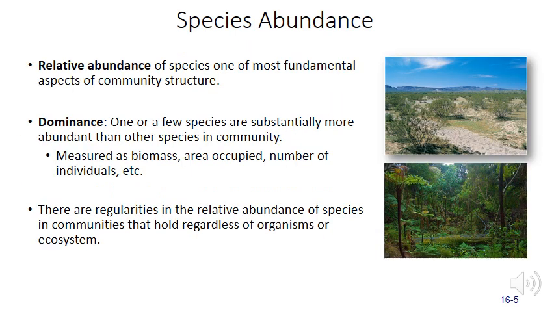So one element of community structure that ecologists are particularly interested in is the relative abundance of species. So for example, you can see the top picture on the right there is a North American desert, and the landscape there is dominated pretty much by one species, the creosote bush. So clearly there's a huge relative abundance of that species compared to other species in the community.